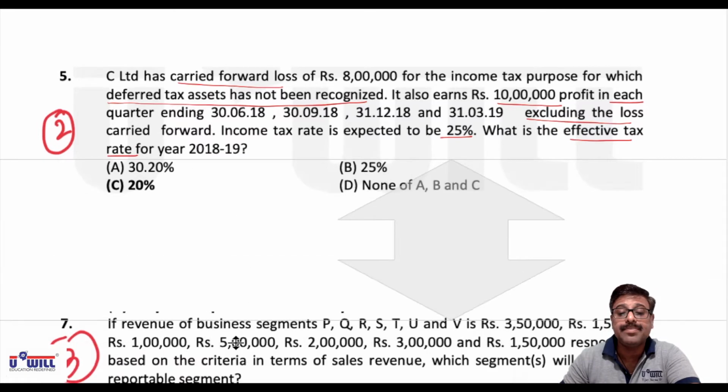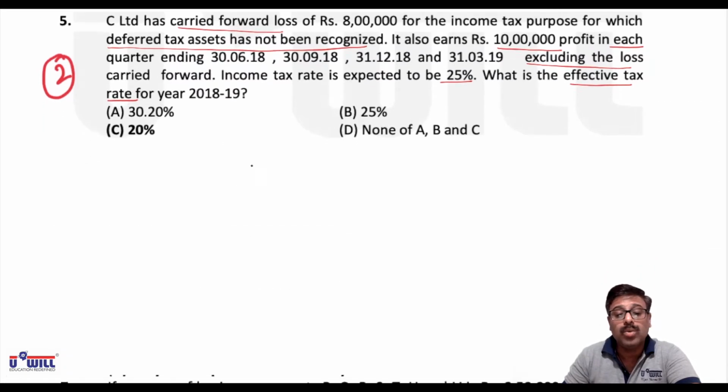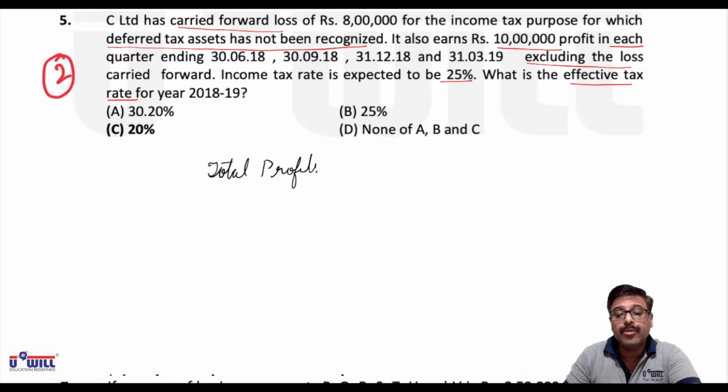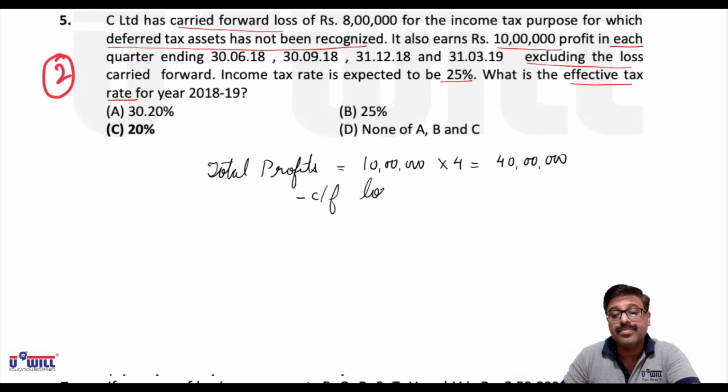Now understand this. Very first of all, what will be the total profit for the whole year? 10 lakhs into 4, that is 40 lakhs. Now from 40 lakhs we'll adjust carried forward loss, that is 8 lakhs. Okay, you'll adjust this loss in the current year.